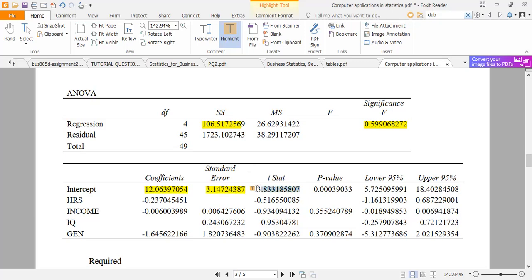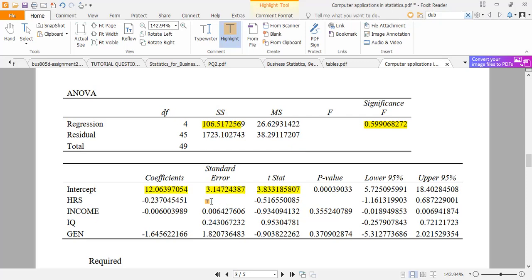That means that if you multiply the T by standard error, you get the beta. And if you want to get standard error, you divide the beta coefficient by the T, you get the standard error.